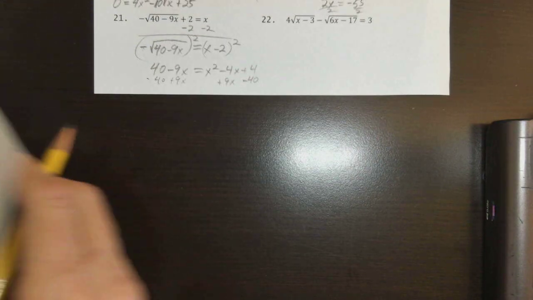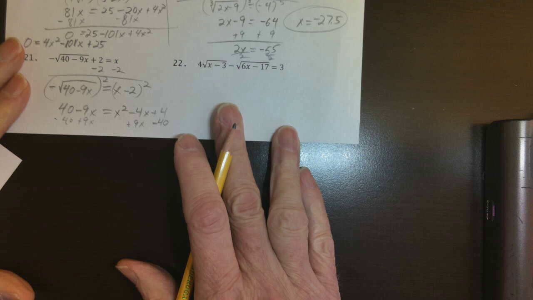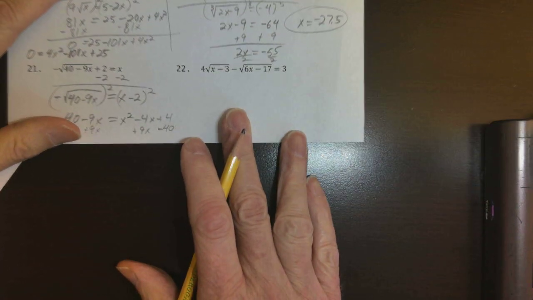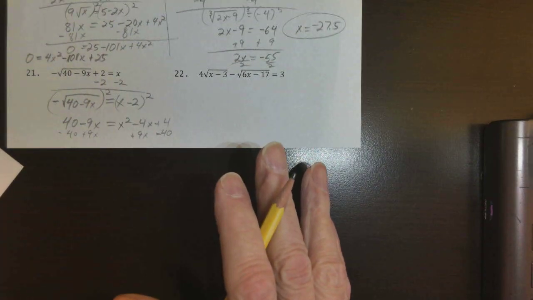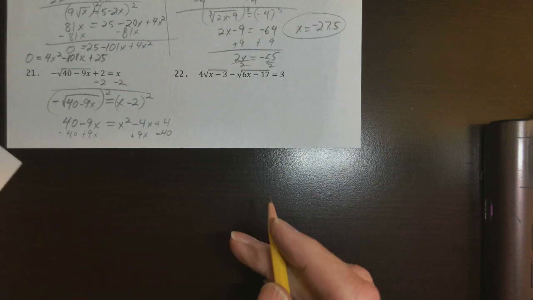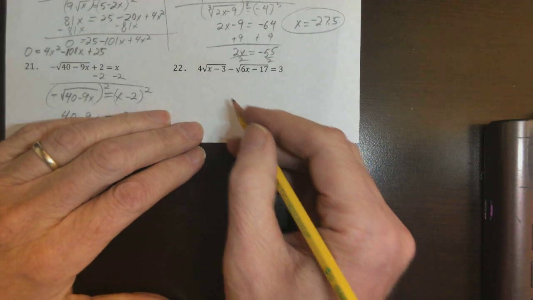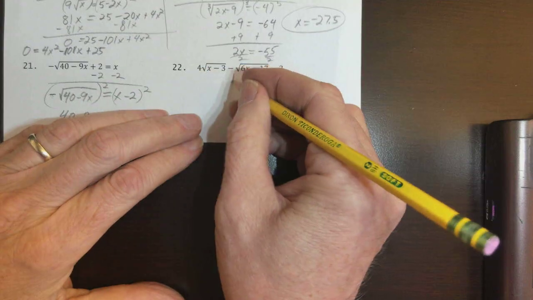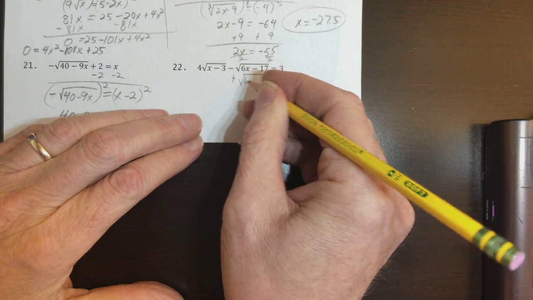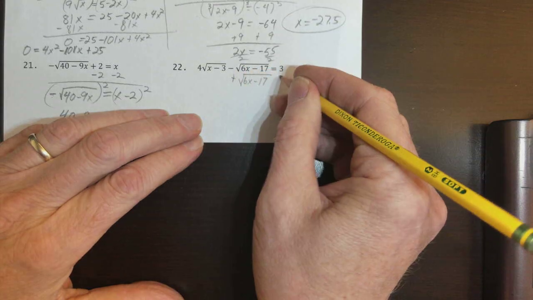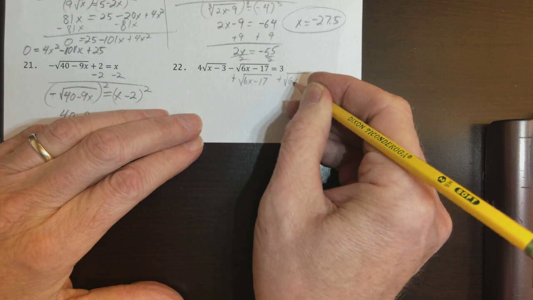All right. One more here. I'm going to add square root of 6x minus 17 to both sides.